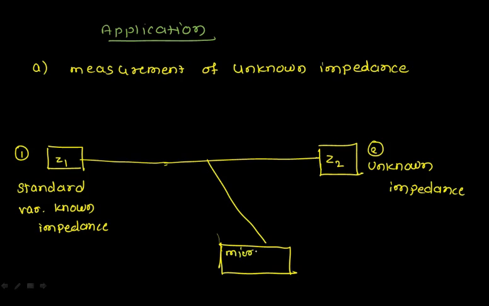Whenever you connect the microwave source to port number 3, your power will get equally divided into port number 1 and 2. Now in port number 4, you connect a null detector, which will detect zero power. If zero is there, this detector will detect that.